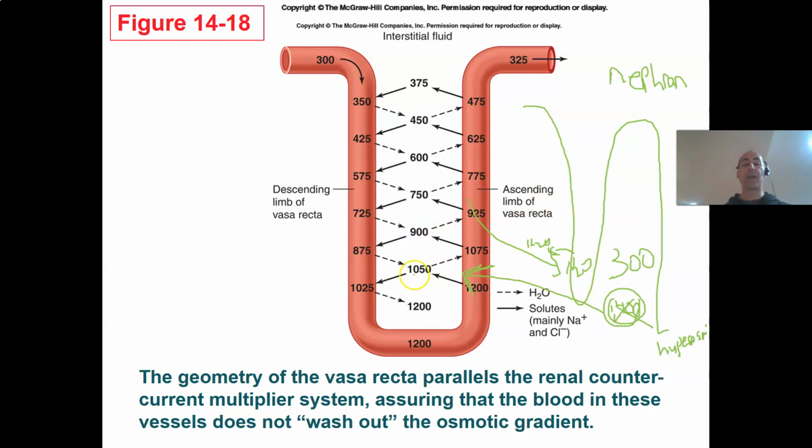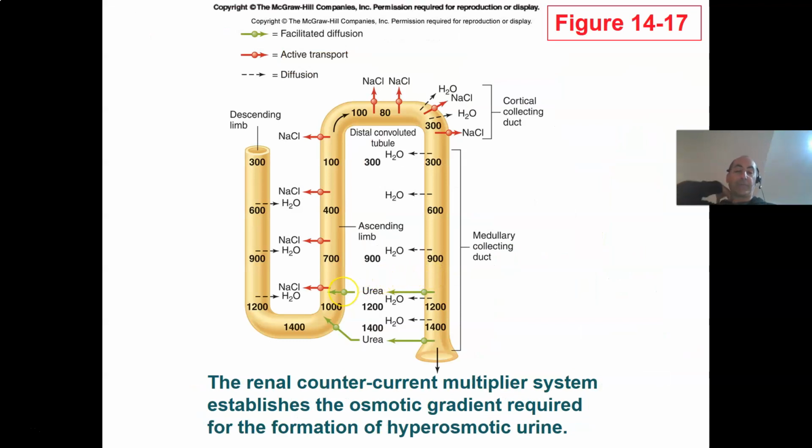The other thing that I wanted to mention going back to the loop of Henle is that urea, which is a byproduct of protein breakdown, gets trapped. When you get to the cortical collecting ducts here, water and urea are transported across from the collecting ducts to the ascending limb.